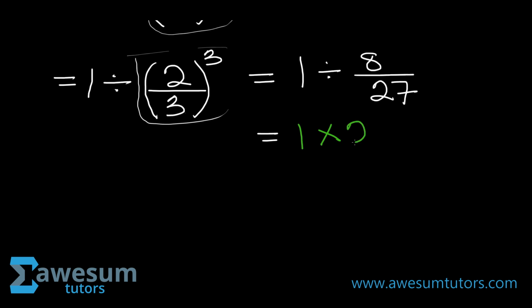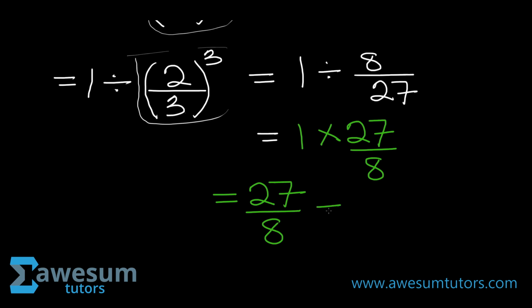So that is going to become 27 over 8. Because we changed division to multiplication, we flip the fraction to 27 over 8. Check out one of our videos where we discussed division of fractions. Now this will become 1 times 27 is 27 over 8.